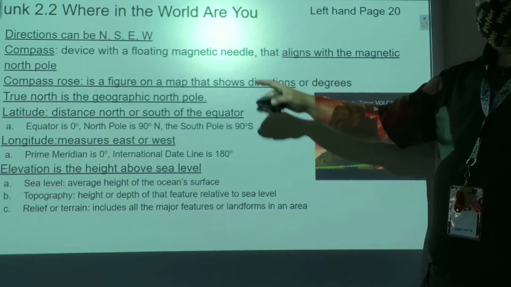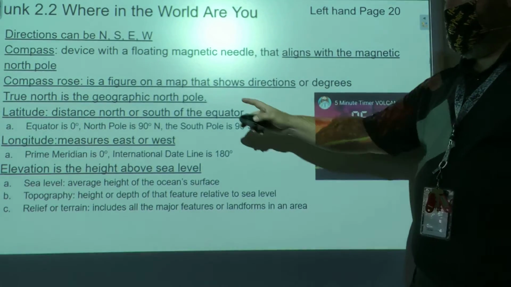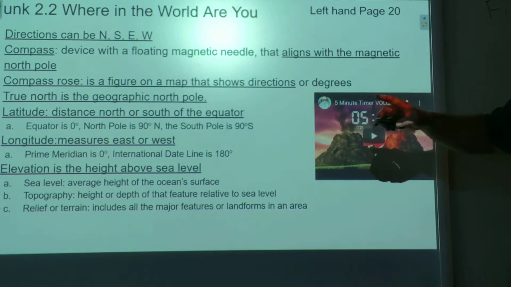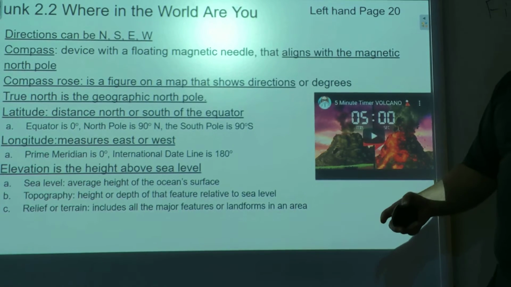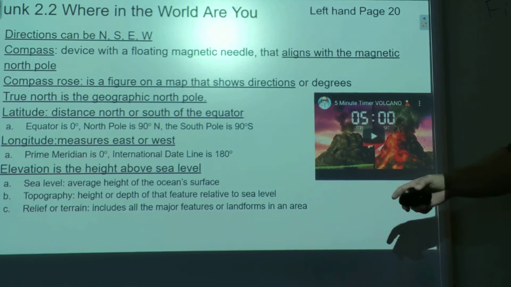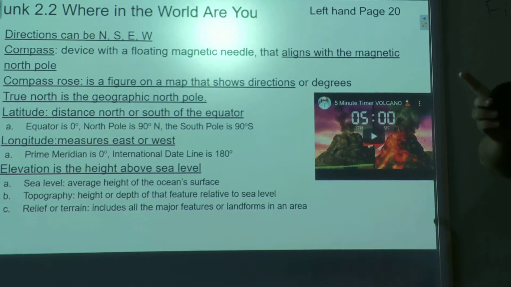A compass, remember, it's got that floating needle that always points north. Compass rose is a figure on the map. I'll show you a picture in a minute that shows the directions. Sometimes it'll just show degrees, like north is 0 degrees.